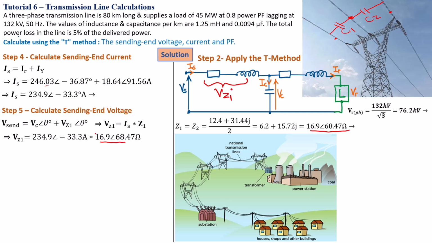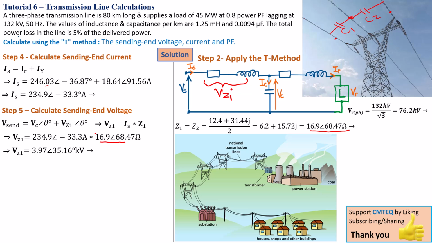After finding VZ1 equal to 3.97 kilovolt, we can get V sending, which is 79.7 plus 3.97, and that gives us a sending end voltage per phase of 83.1 kilovolt. So there is 83.1 kilovolt here, and there is 76.2 kilovolt here.